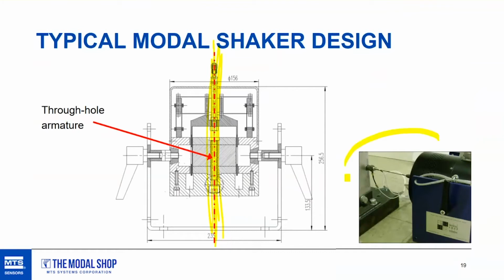So when you finally set it up in front of the structure, you can get the stinger with the perfect length, the perfect distance between the shaker and the structure you're testing. Other parts of the shaker you can see here on the picture. Of course, you can see the magnet inside, and a two-layer suspension system that holds the armature together and aligns the armature so the shaker can move up and down.